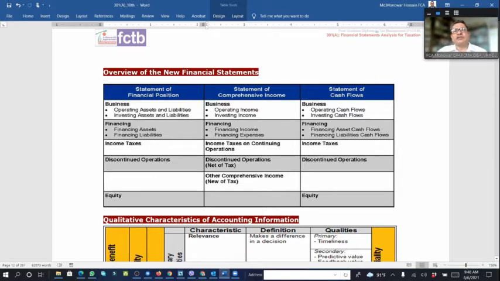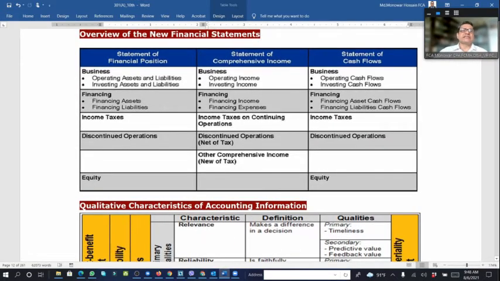If we look at an overview of the financial statements, the statement of financial position is the balance sheet, the statement of comprehensive income is the profit and loss account, and then the statement of cash flow. The statement of financial position shows, on the business side, operating assets and liabilities, investing assets and liabilities, and on the financing side, financing assets, financing liabilities, income tax, etc., and finally the equity. The statement of comprehensive income, the profit and loss account, discloses operating activities within that year and how much tax has to be paid or was paid.